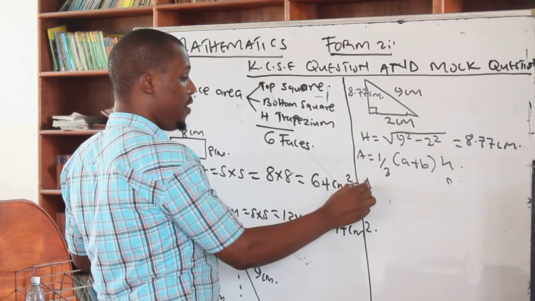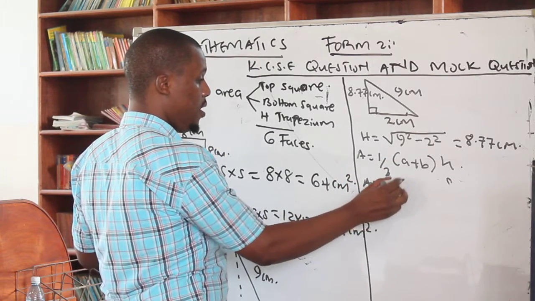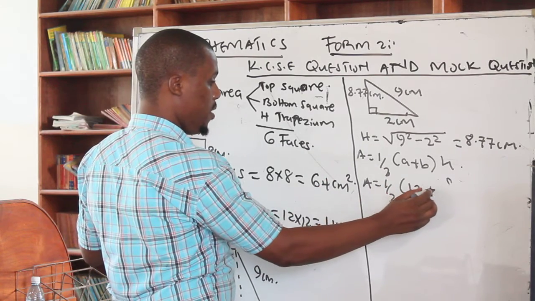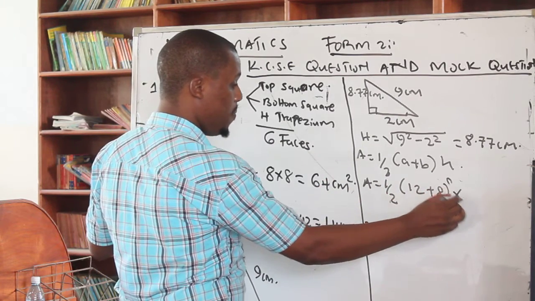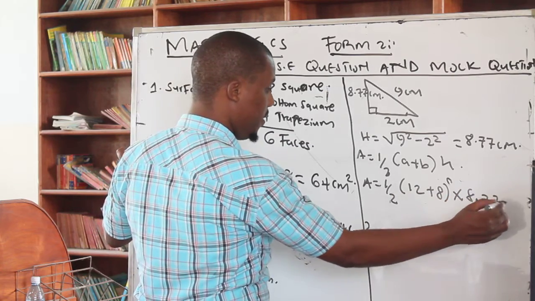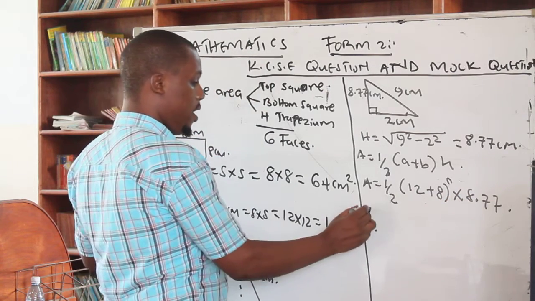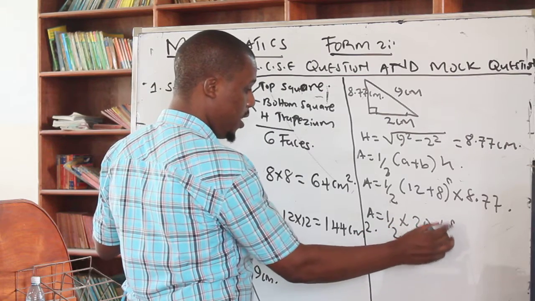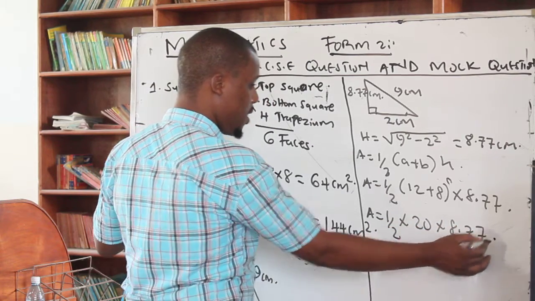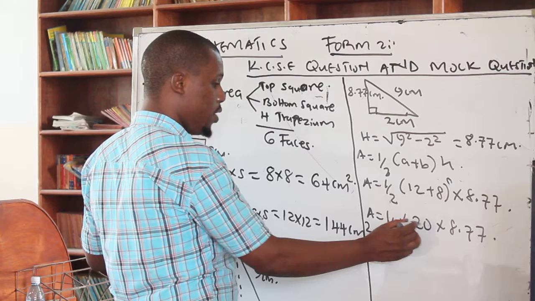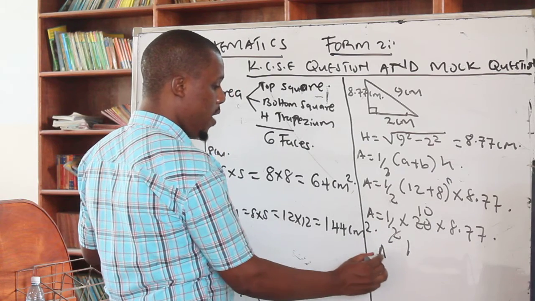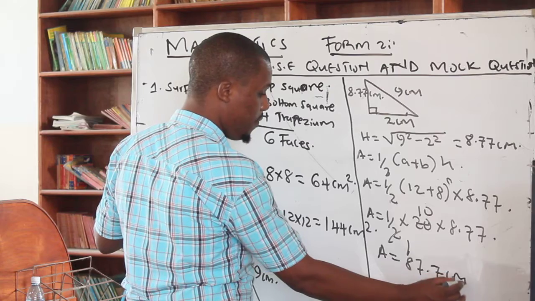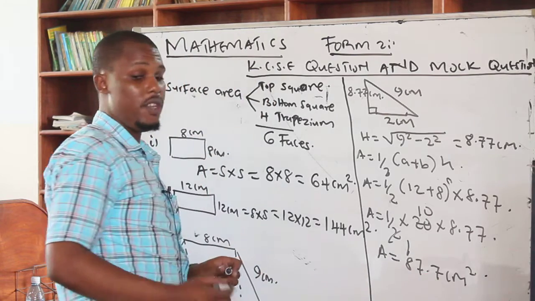So the area is a half, times A which is 12, plus B which is 8, multiplied by our height, 8.77. That is a half times 20 times 8.77, so our area is 87.7 centimeters squared. That is only for one of the trapezium.